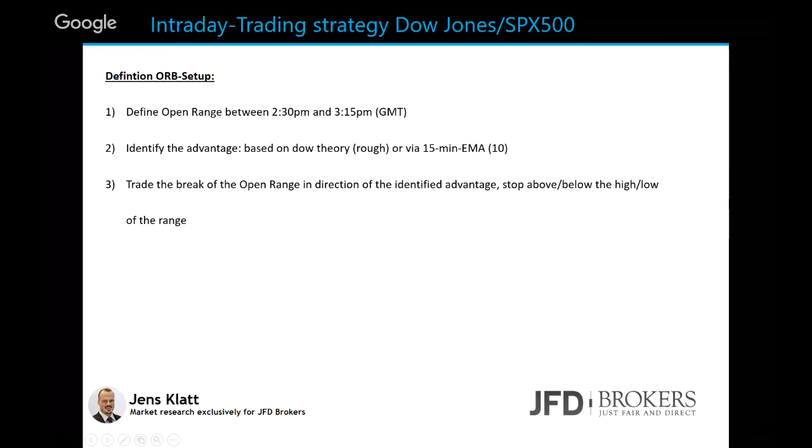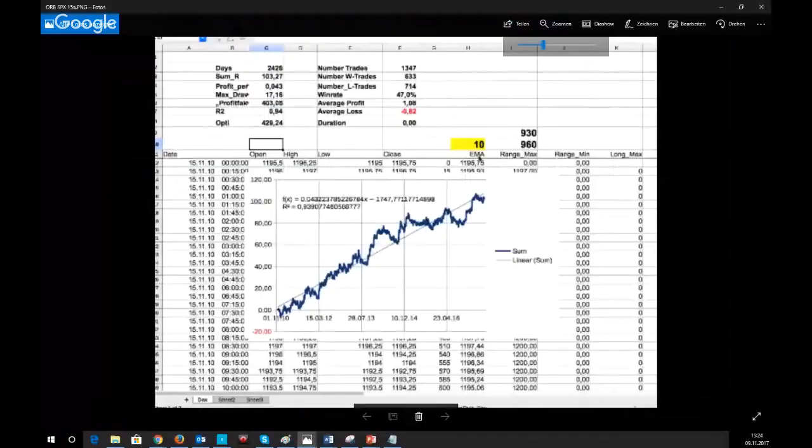We're not working with compound interest or something like that, but if you keep on trading this strategy over and over again for 7 years, you get a very attractive result, meaning you have a hit rate of 47% and a payoff ratio, the ratio of the average profit to the average loss, of 1.3 to 1. And if you calculate the expected value, you can see that you have a positive expected value.